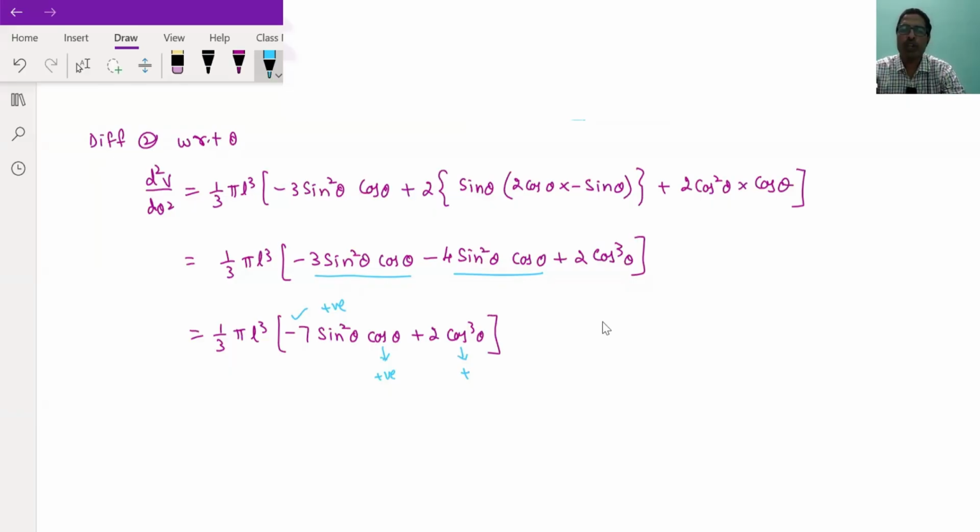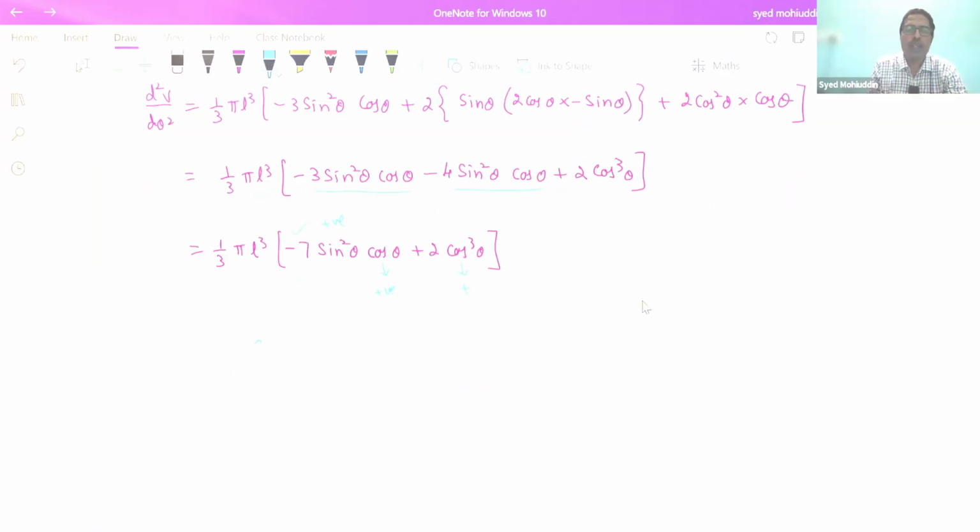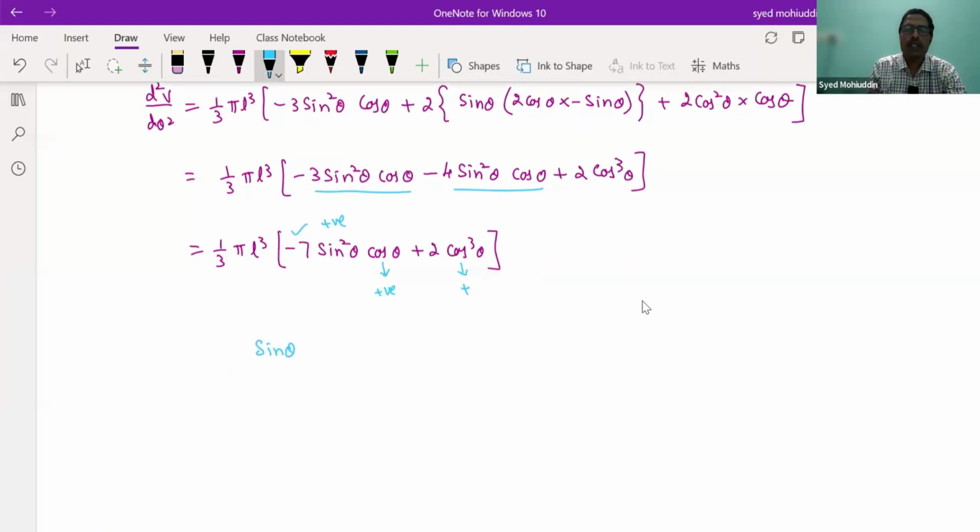So let us see what the possibilities are. Sine theta, then you're having cos theta. These both are positive. What will happen to minus 7 sine square theta cos theta plus 2 cos cube theta?